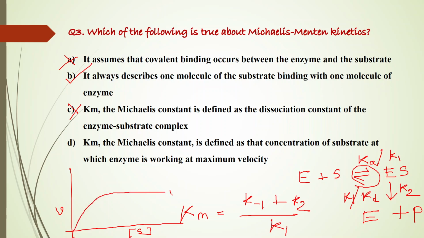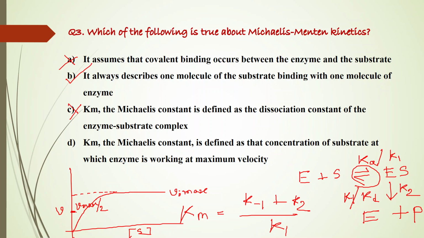This is your V0 maximum. And according to the definition of Km, this is Vmax by 2.